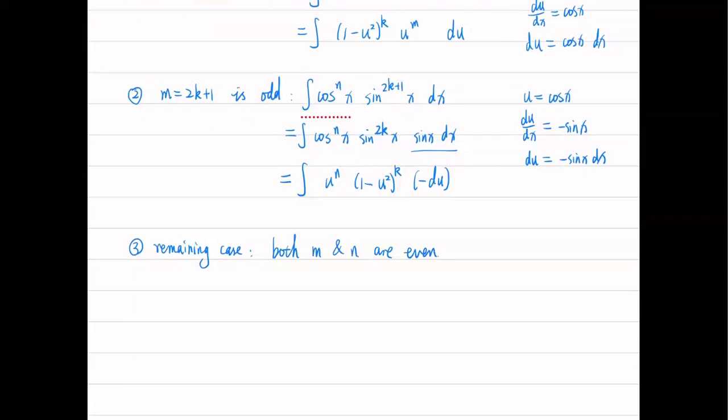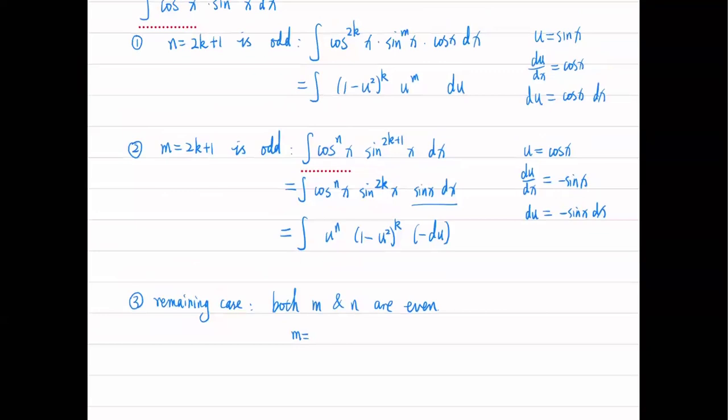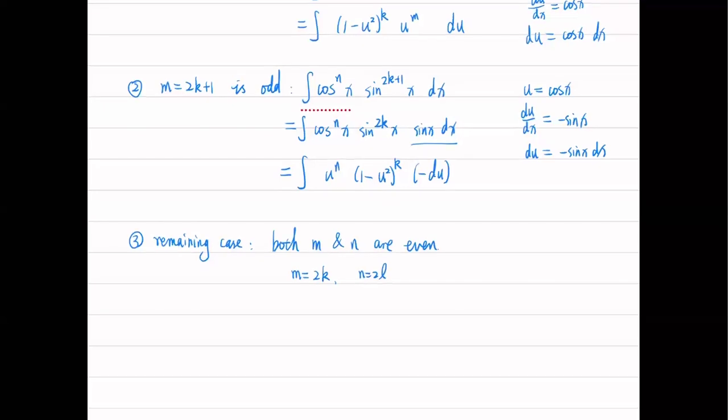Okay, so let's introduce the even numbers. m equals 2k, n equals 2l. So our integral is cosine to the 2l x sine to the 2k x.